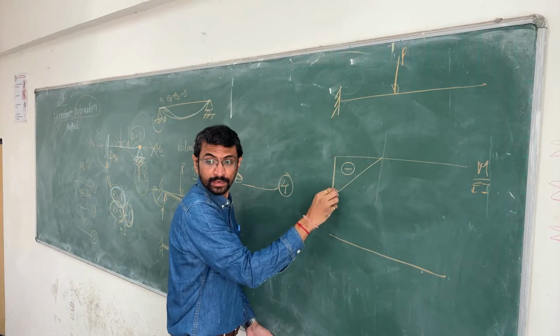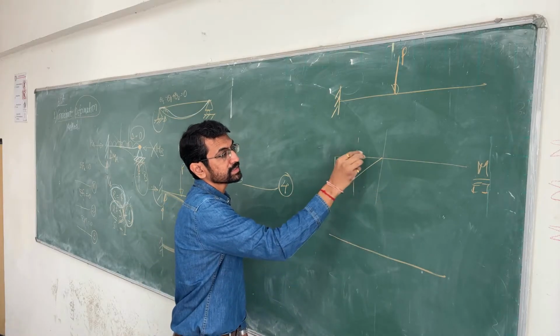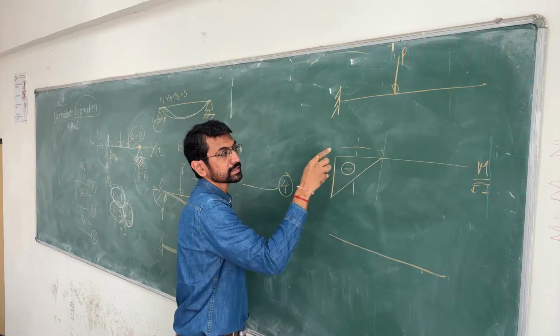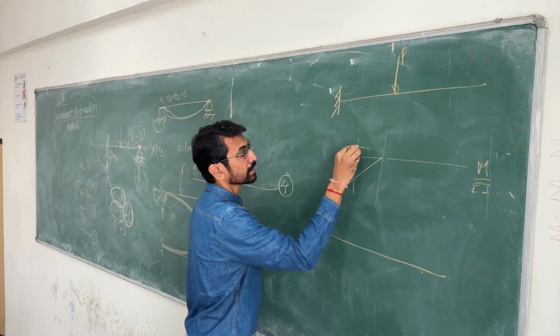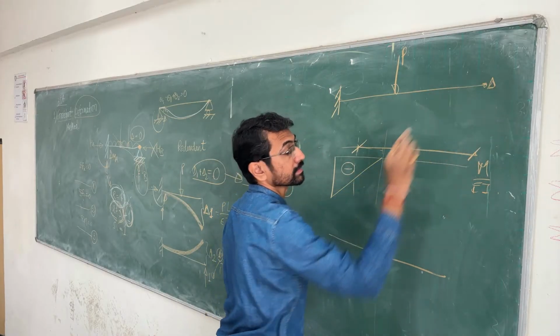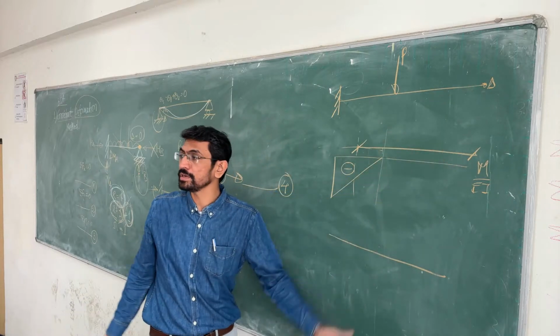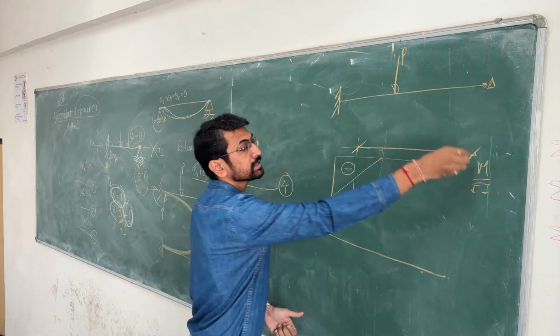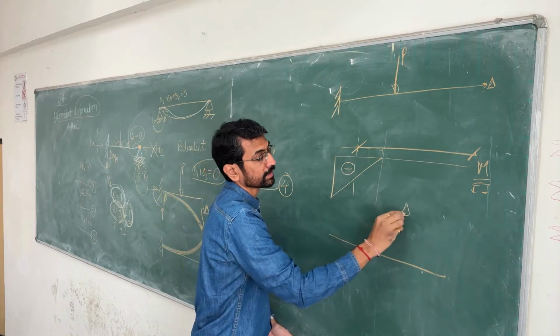You can calculate the area. What will be the moment? There will be some CG here, 2 by 3 distance from here. Because you want deflection here, right? So moment will be taken from the point where you need deflection. So this distance into area will give you delta 1.